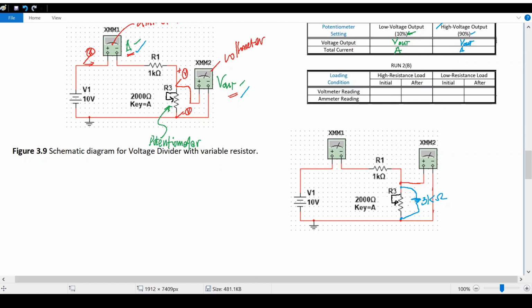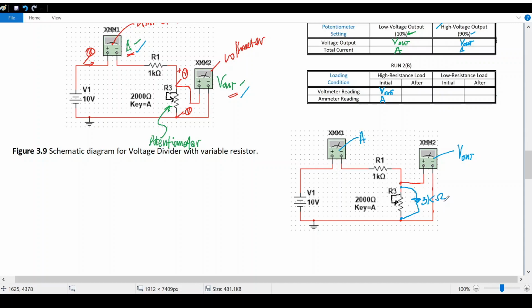so take the meter reading here. This reads the current in the circuit, and this meter reads the B out. So whatever the reading, record that in the initial condition or initial setting. So record here the B out, whatever the reading of the voltmeter. Then record here the current reading, the reading of the ammeter.